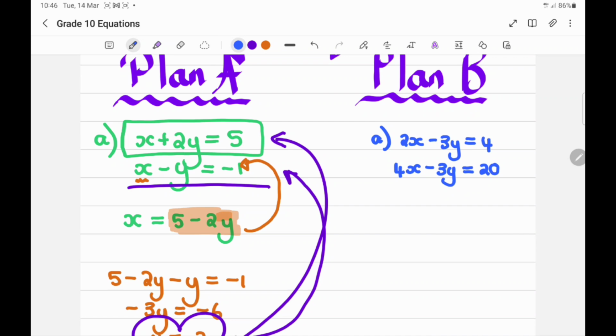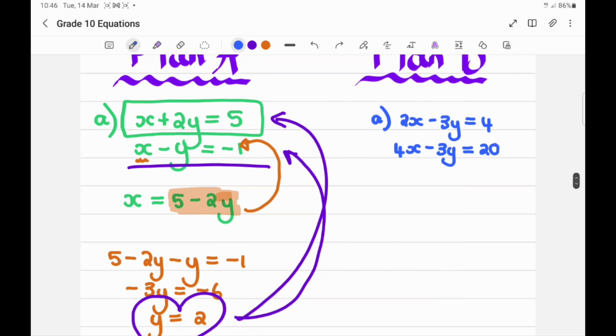Now if you look at this, even if you divide by 2 all throughout in the top one to get x as 1x, you can't divide the 3. It will end up in a fraction, and we don't want any fractions. Same with here. You can't divide by 4 all throughout, so there's no way of manipulating it so that you can get x alone or y alone. So then we're going to revert to plan B.